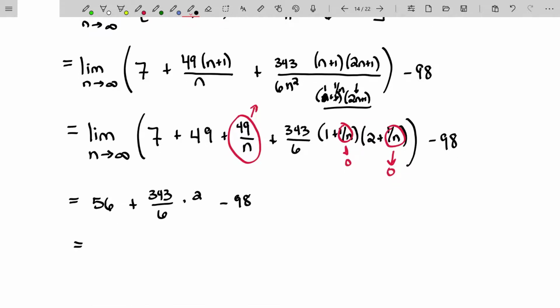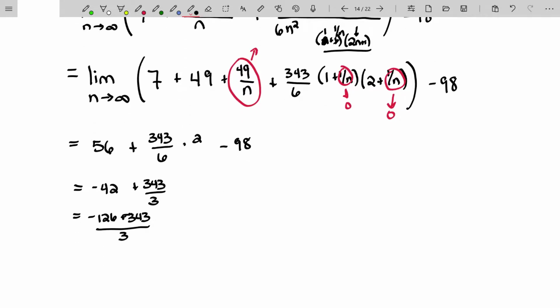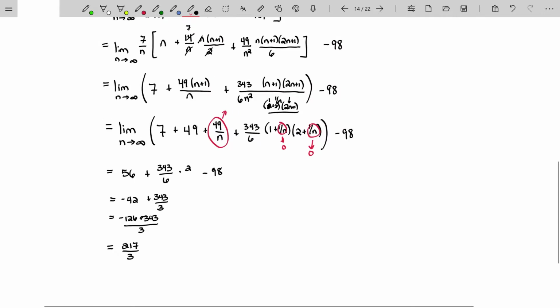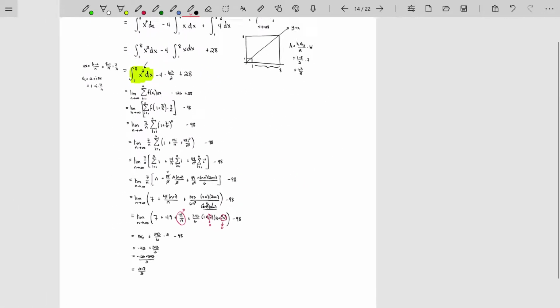And let's see what this comes out to be. So negative 42 plus 343 over 3. And 42 times 3 is 126. So that's going to be negative 126 plus 343 over 3. And 343 minus 126 is 217 thirds. 217 thirds. That's the area underneath that curve.